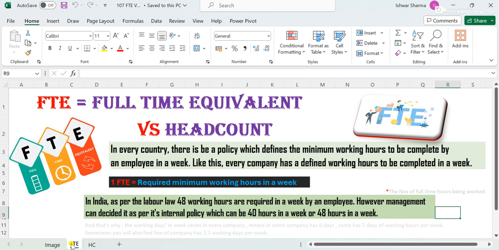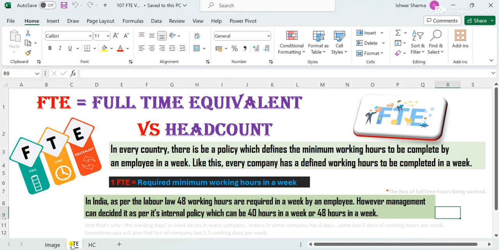So friends, in every country there is a policy which defines the minimum working hours to be completed by the employee in a week. This is as per the labor policy, labor law. Every company also has defined working hours to be completed in a week.